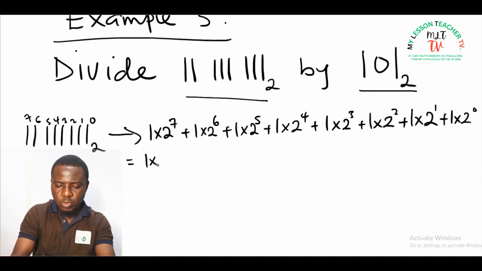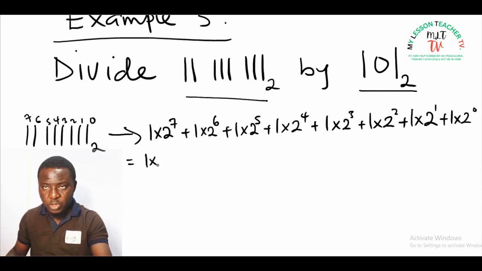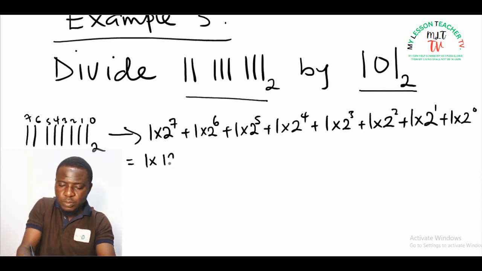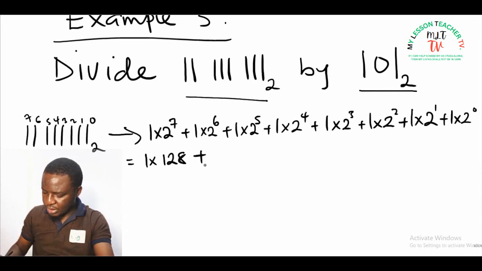This is equal to 1 times 2 raised to power 7, which with the aid of a calculator is 128, plus 2 raised to power 6.